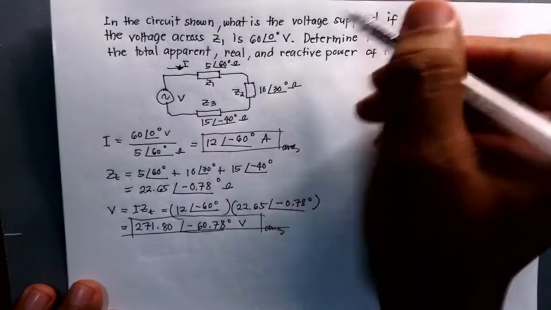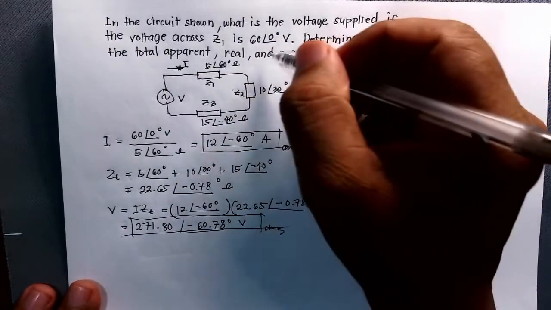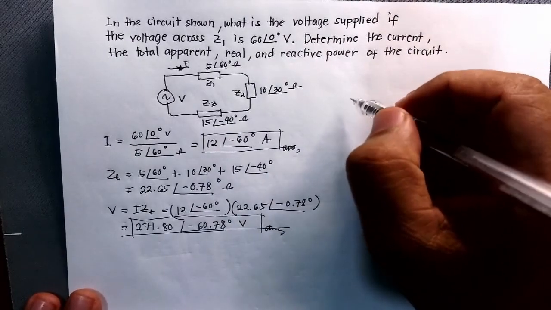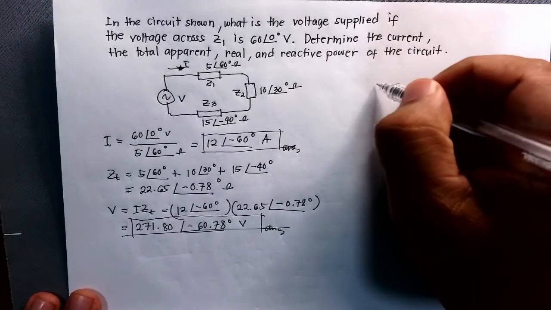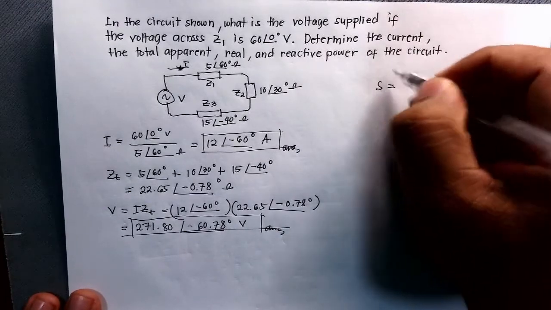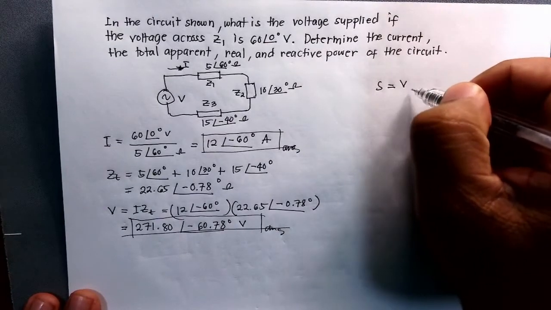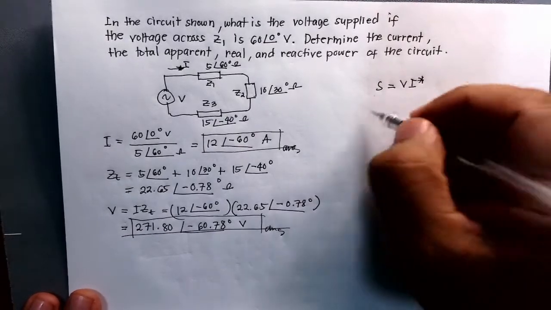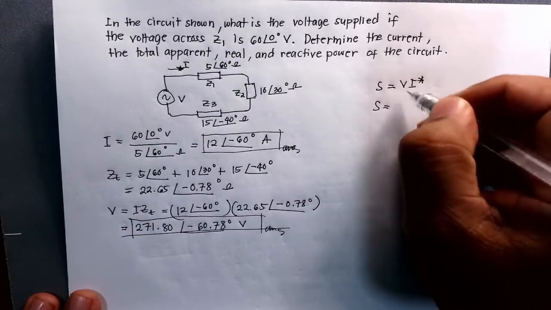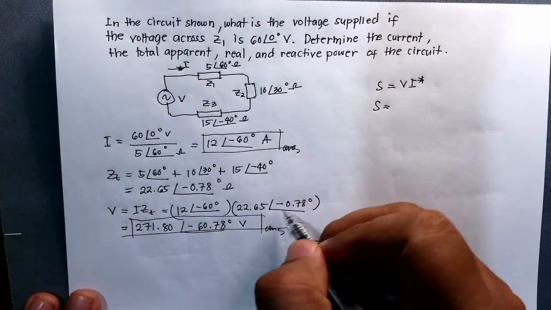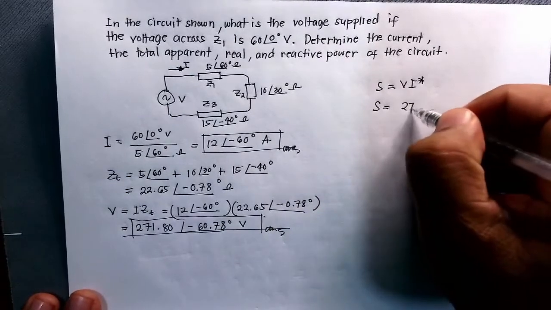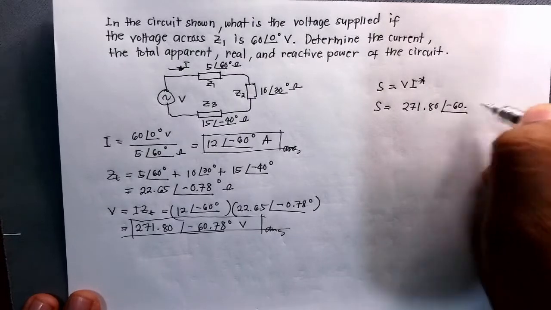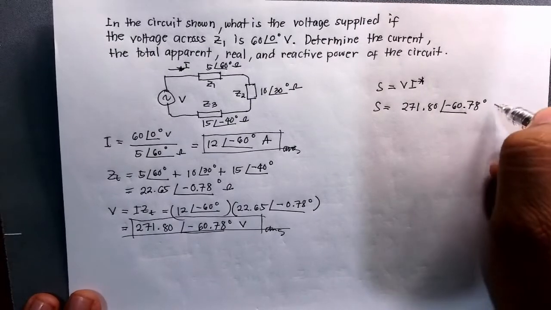Now if we are to determine the apparent power, the real and reactive power, we simply have S for our apparent power, equal to the voltage times the conjugate of your current. So S is equal to V. Our total voltage is 271.80 cis of negative 60.78 degree.